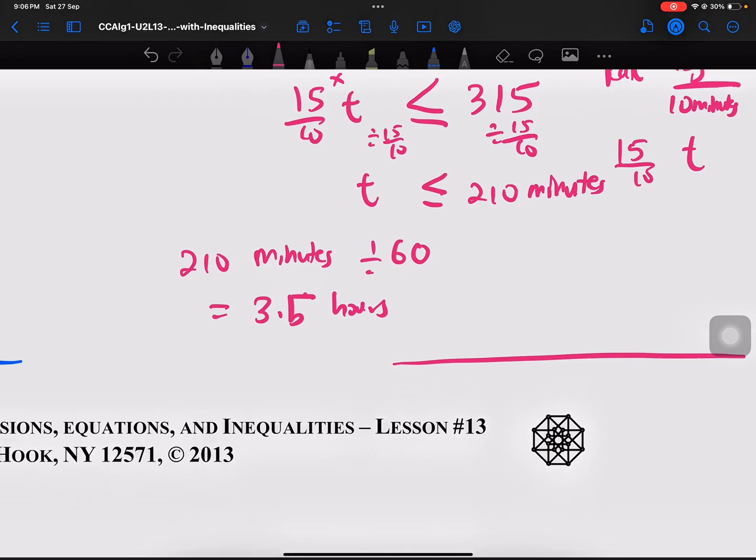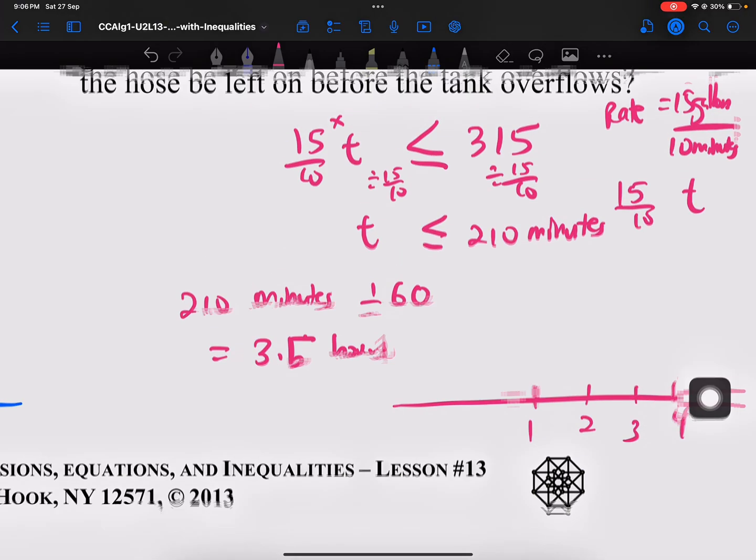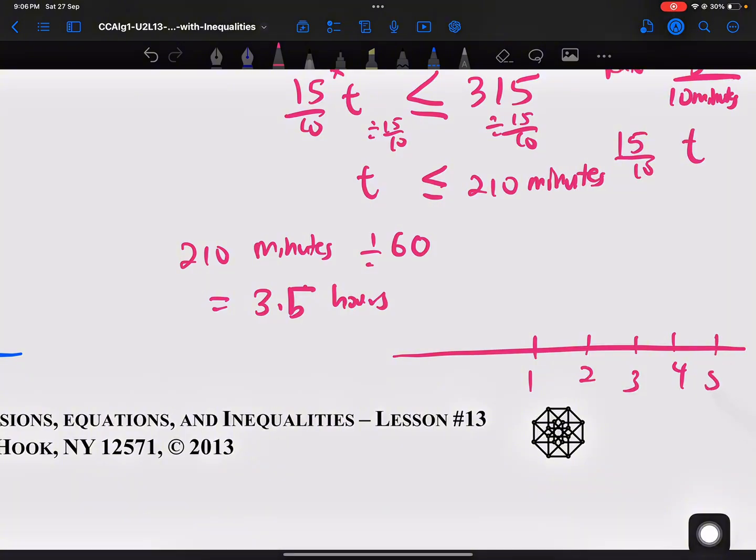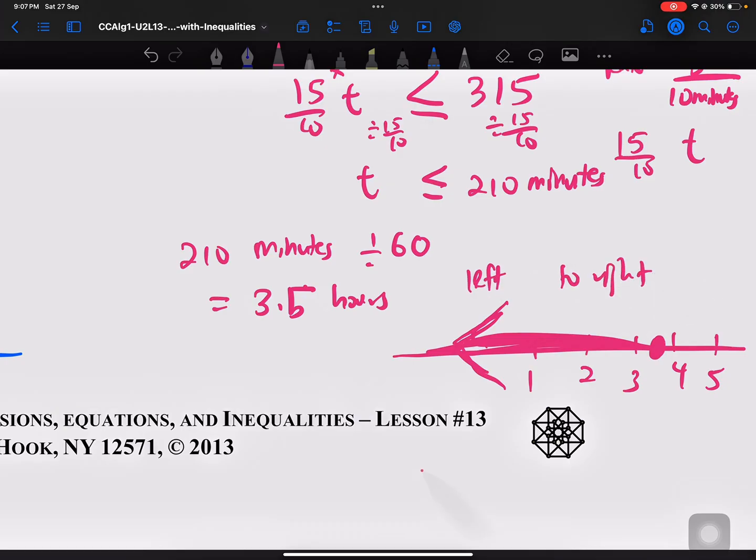I have 1, 2, 3, 4, 5. 3.5 will be here. Arrow to the left, meaning to read the interval is left to right. So start with negative infinity, 3.5, square bracket. This is my interval notation.